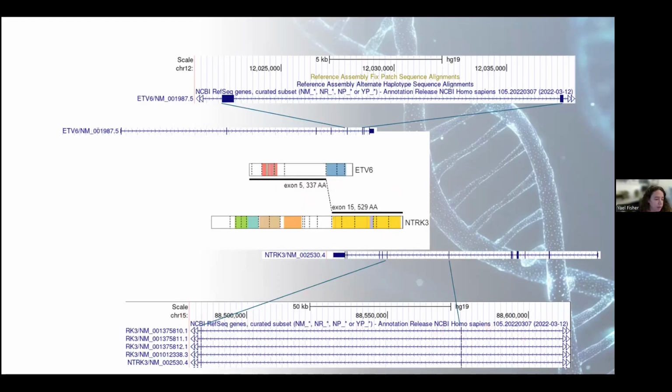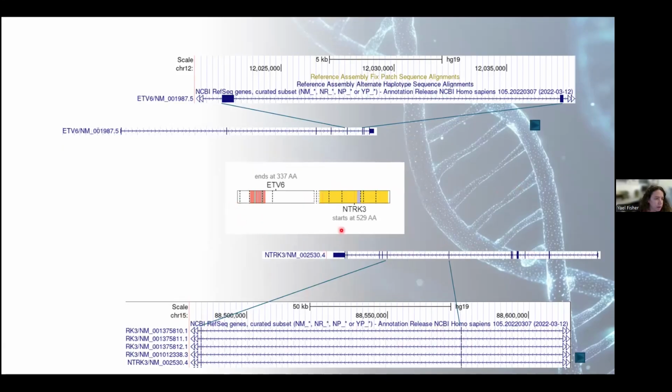But if we're looking at the RNA, then we have a short sequence here. We have an ETV6 that is composed of 337 amino acids, and the NTRK3 transcript starts at 529 and encompasses maybe 500 more amino acids. So let's say 1,000 amino acids.